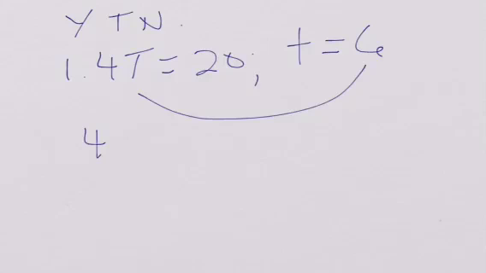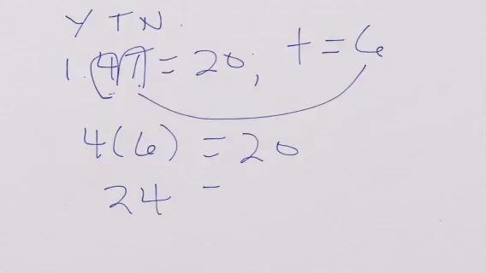So we'll have 4 times 6 = 20, because we know that anytime two things are next to each other, like the 4 and the t, it means multiply. 4 times 6 is 24, does not equal 20, so this answer is no. Okay?